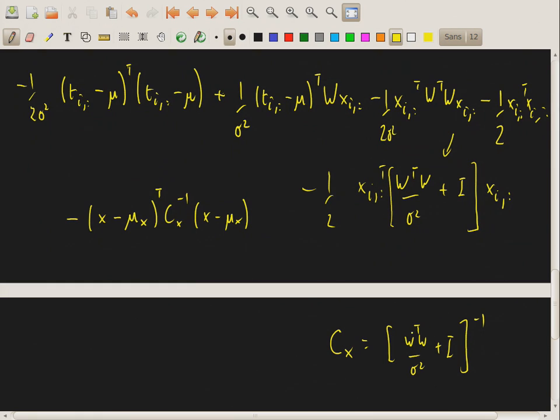So we've got this, that's the covariance. But if we multiply out this one, then we recover that the linear term in x is of the form, let's put the factor of half in here, mu x transpose C_x inverse times x. So we can match this x up to that x there. We know that mu x transpose C inverse is equal to this guy.